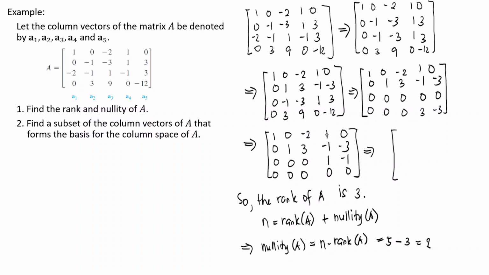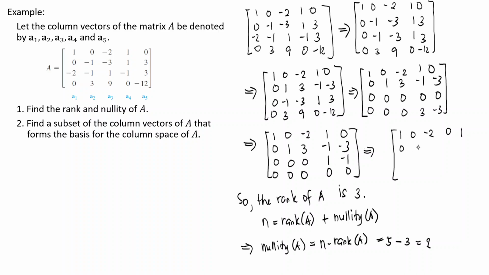First, to make this 0, we can multiply row 3 by -1 and then add to row 1. So we have here 1, 0, -2, 0. We multiply this by -1 and then add to that, so that is 1. And then to make this 0, we can add the two rows, row 3 and row 2.